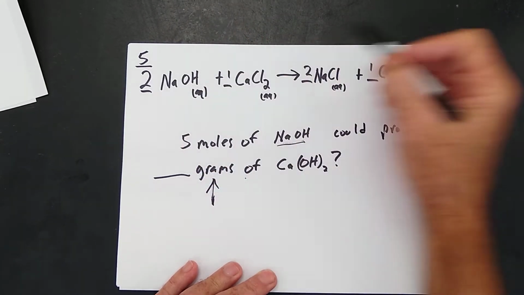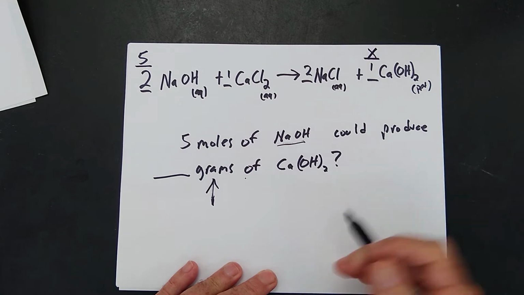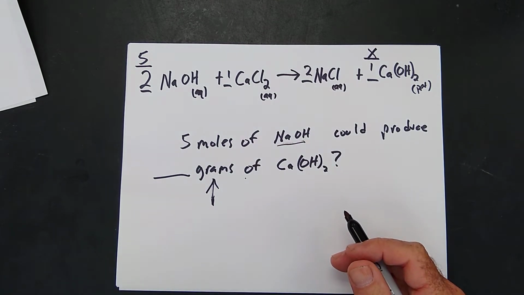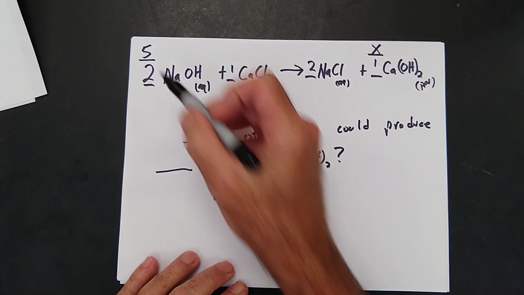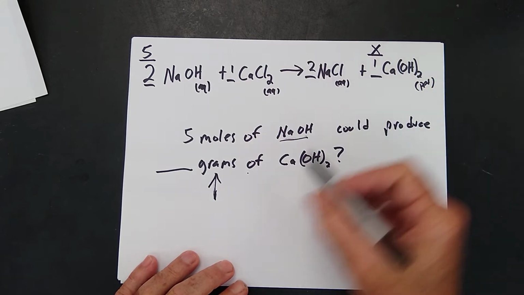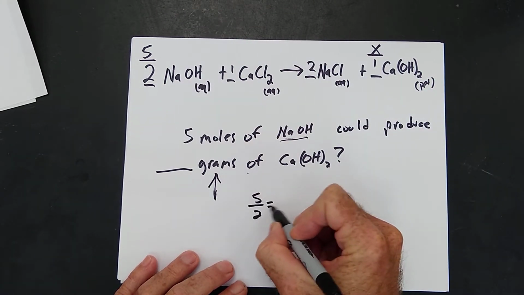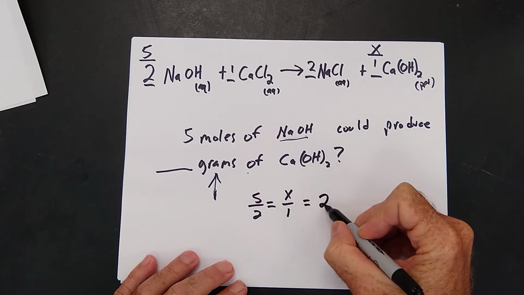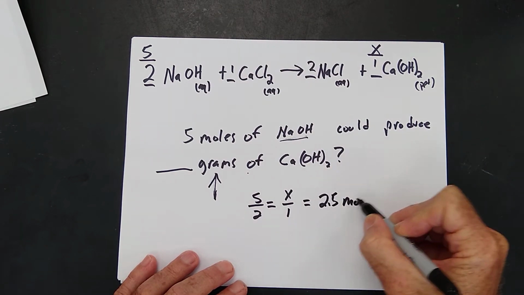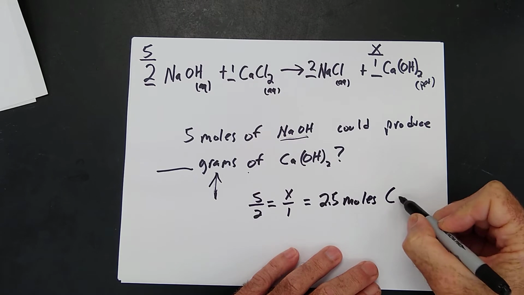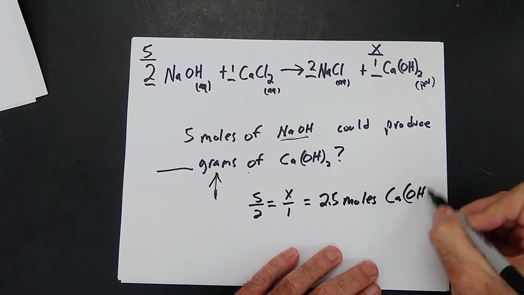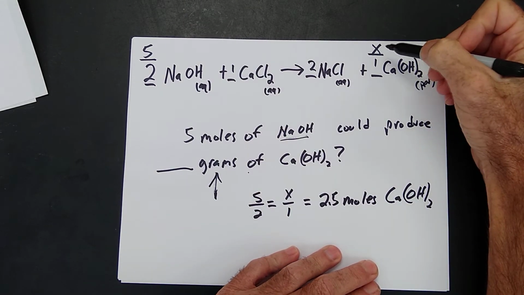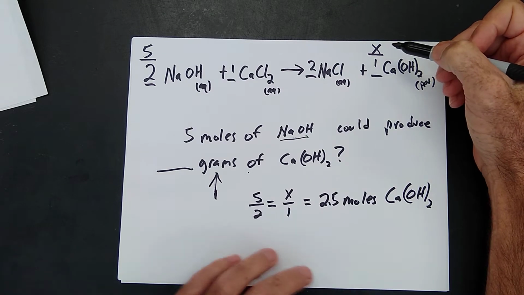5 is to 2 as x is to 1, because we have to solve for moles first. 5 over 2 equals x over 1. That's going to give me 2.5 moles of calcium hydroxide. Right? 2.5 is the number that would go there. All righty.